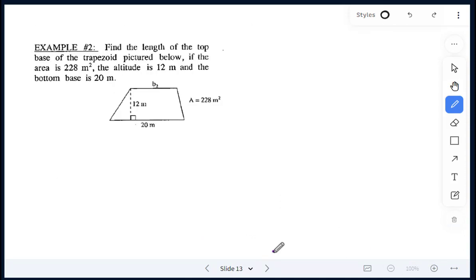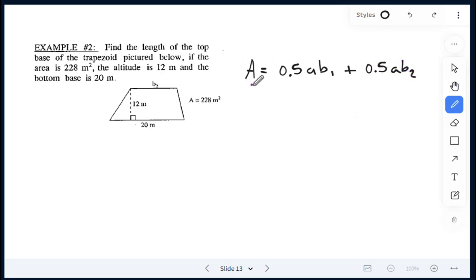Okay, let's take a look at our second example that has to do with a trapezoid. Find the length of the top base, so B2 of this trapezoid. The area is given to us as 228 meters squared. The altitude is given as 12 meters, and our bottom base is given as 20 meters. So we know our formula for trapezoids, 0.5 AB1 plus 0.5 AB2.